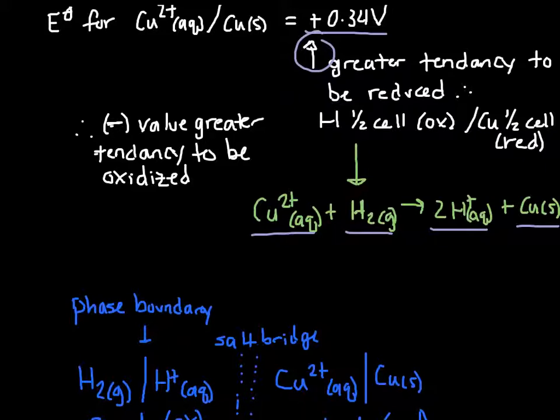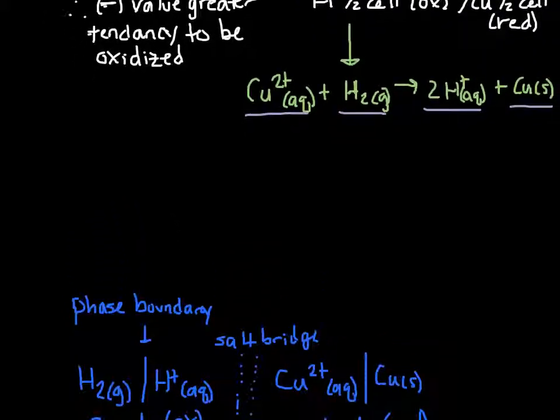So we could also test for a pH change as well that is occurring because more ions are being made. So that's a positive value. Therefore, if there was a negative E value, that means that element has a greater tendency to be oxidized, and hydrogen, therefore, is going to be reduced.